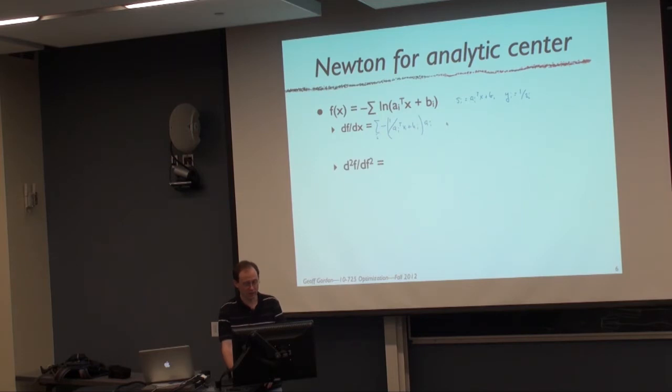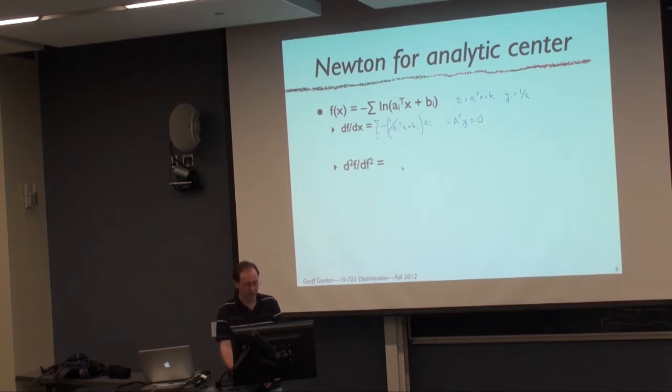And so what we're getting is that minus A transpose y is the gradient, right? And so the first order condition is that that has to equal 0. Okay? So this is the first order condition.